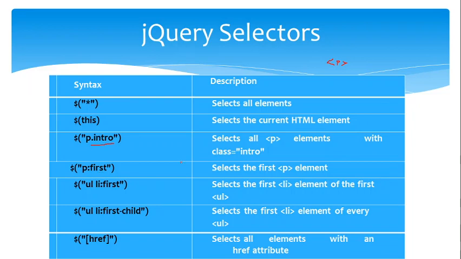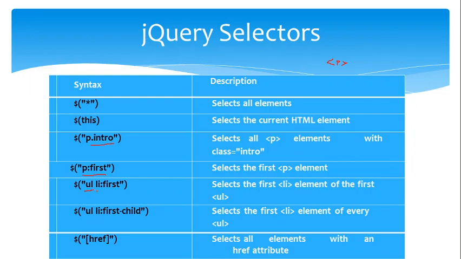p colon first selects the first p element. In your program, in the coding, you use different p's, like 15 or 16 paragraphs. So what does it mean? It means select the first paragraph only. ul li first means unordered list and list item: select the first li element of the first ul.